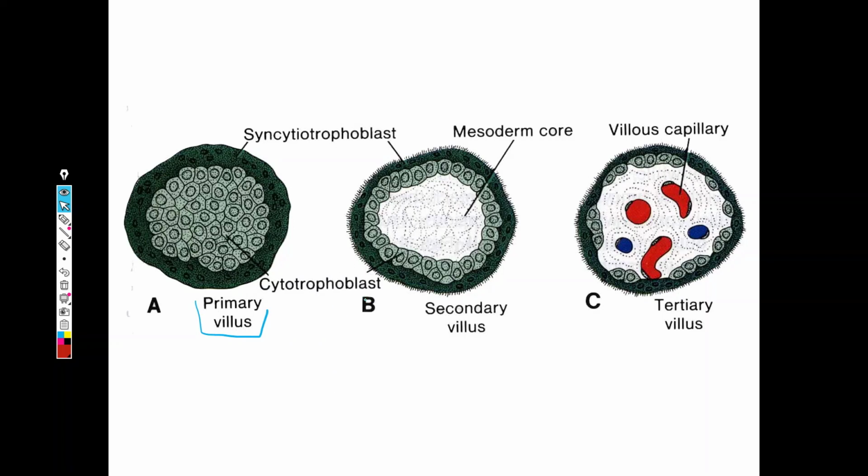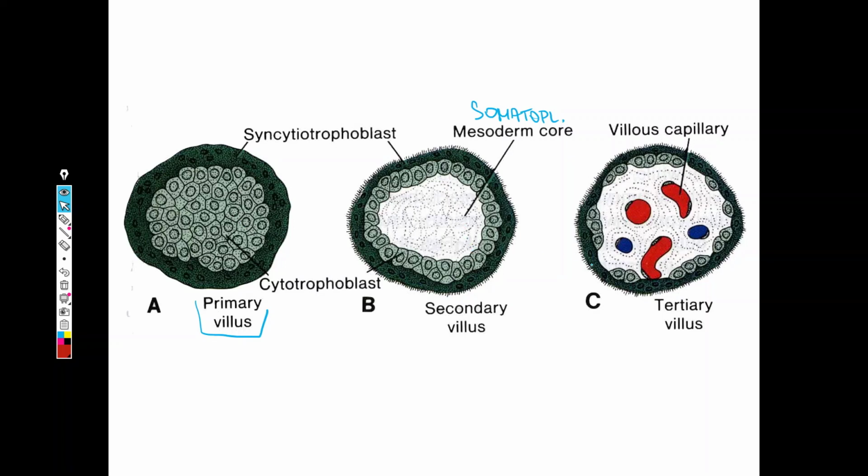This stage really immediately changes into secondary villus, which is already filled with somatopleura, or we can call it mesoderm core. I'm going to write it down. So here we have extra-embryonic mesoderm inside, and this type of villus is called secondary villus. So first we have primary villus, then we have secondary villus.